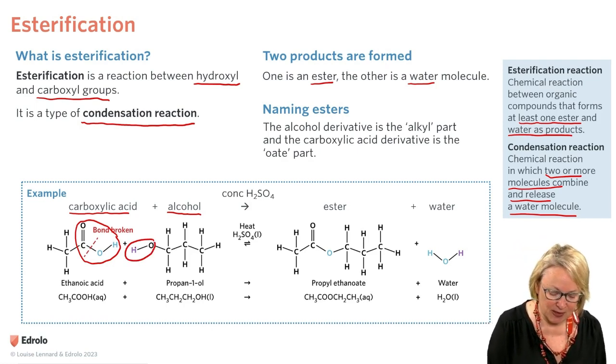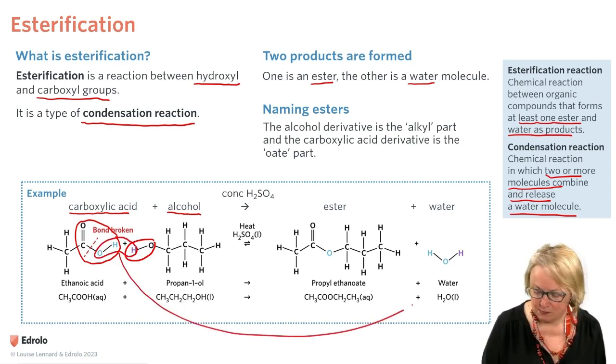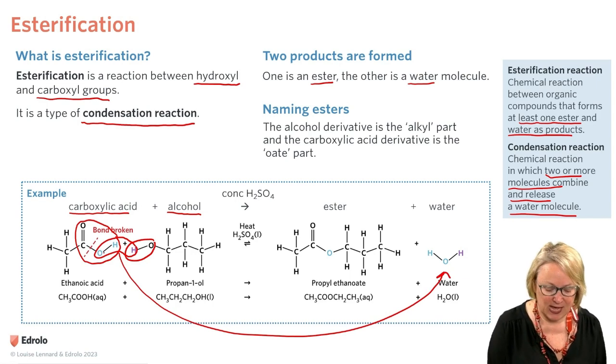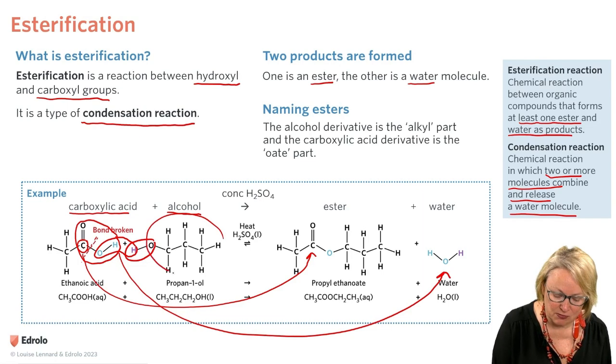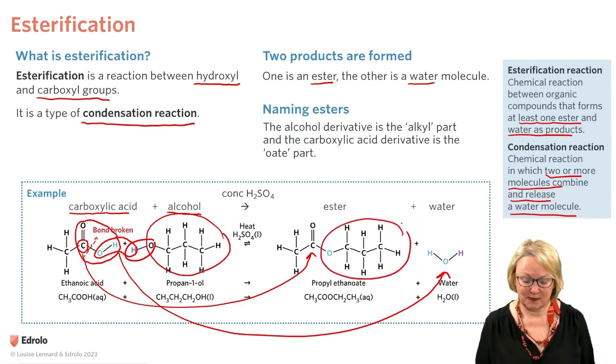And what actually happens is these atoms become water and we break the bond here. So this carbon is here and we've got the rest of this molecule joined on here.